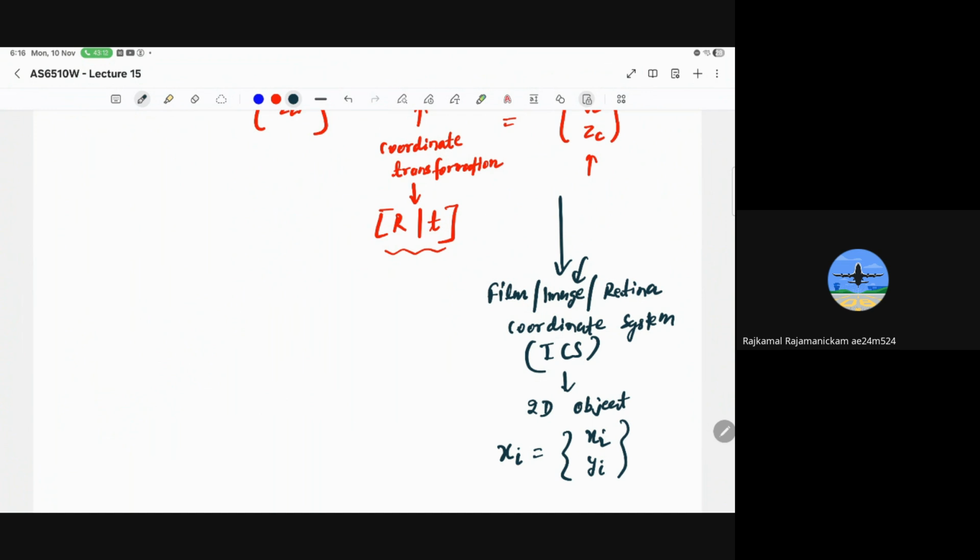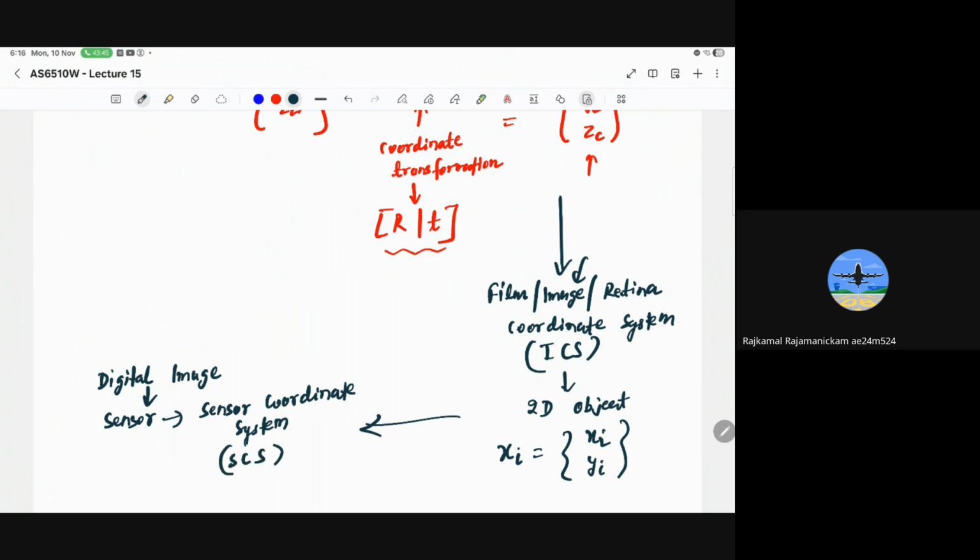And then finally, from this film of the camera to the final digital image, you will have the digital image. That is your sensor in this particular technique. So this is the sensor, and that is why we can call it the sensor coordinate system, SCS.